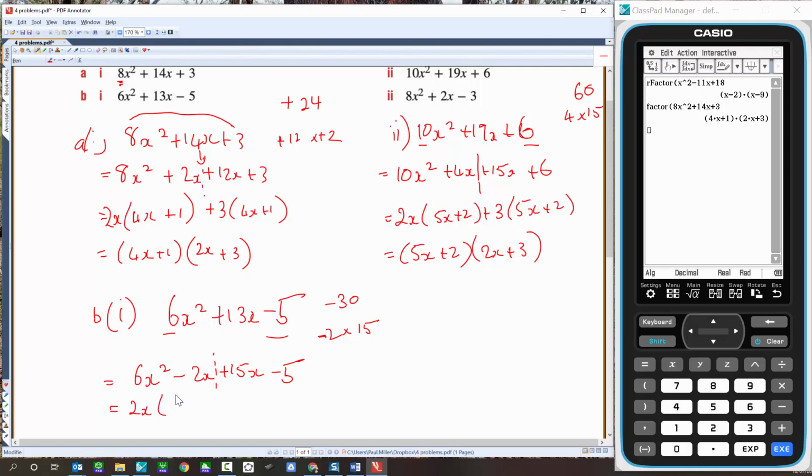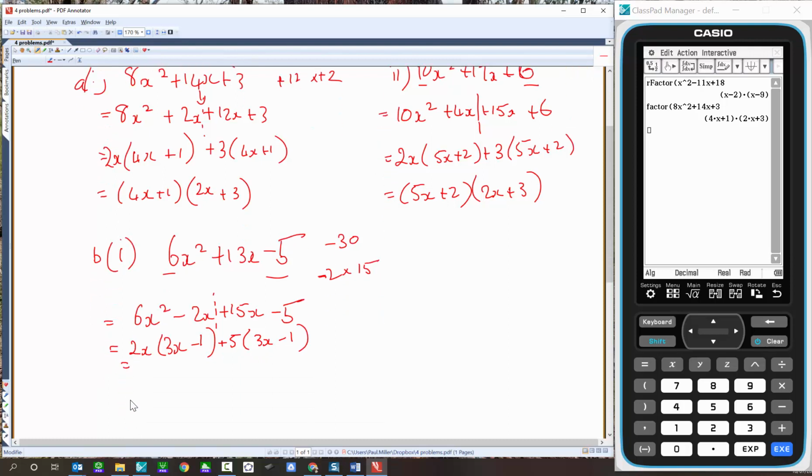So pull out 2x as a common factor, 3x take 1. Now I'm going to pull out 5, 3x take 1. All right. Repeated factor comes out. That multiplied by 2x gives me that. And that multiplied by 5 gives me that.